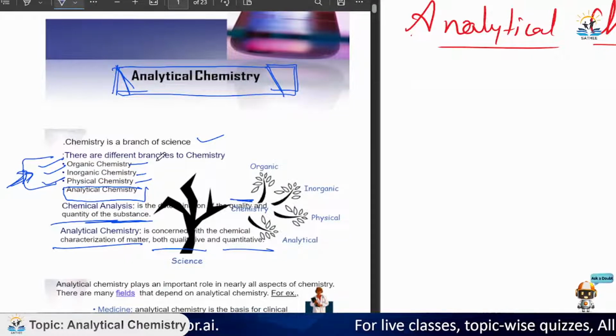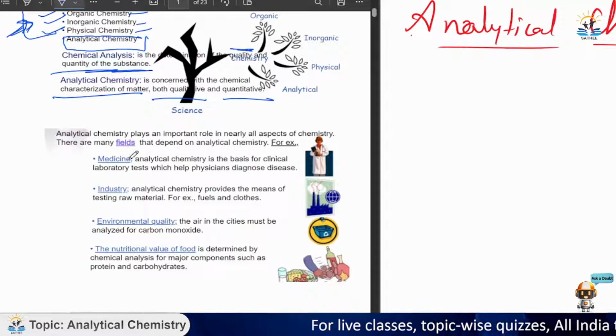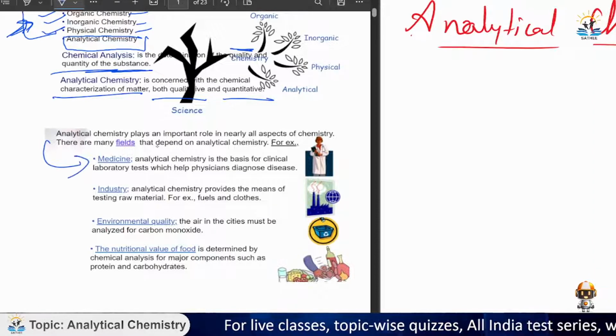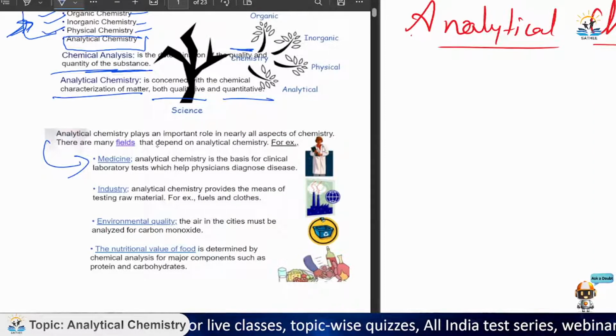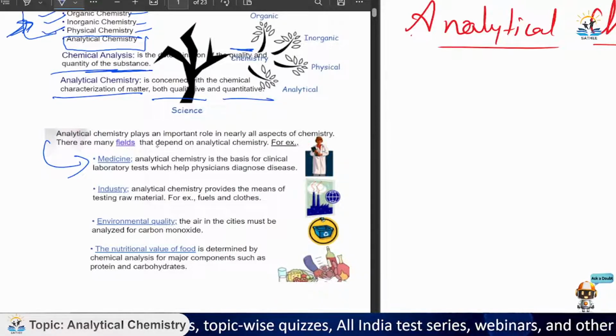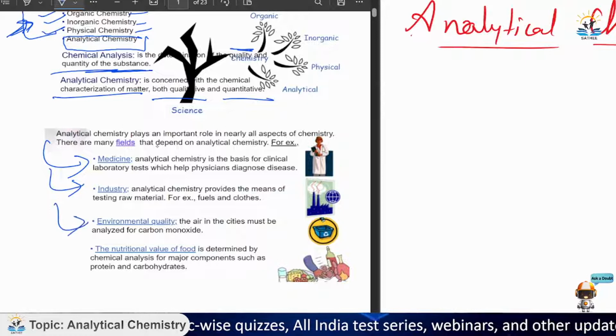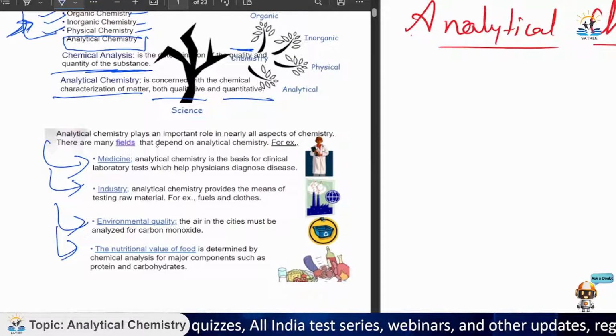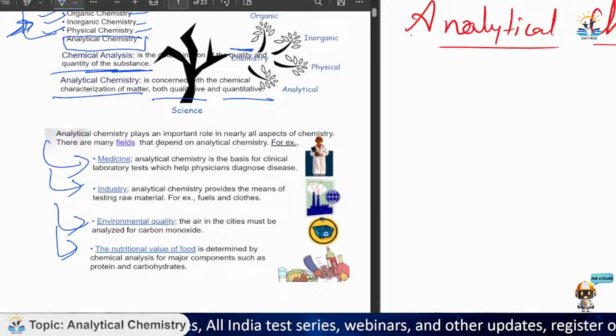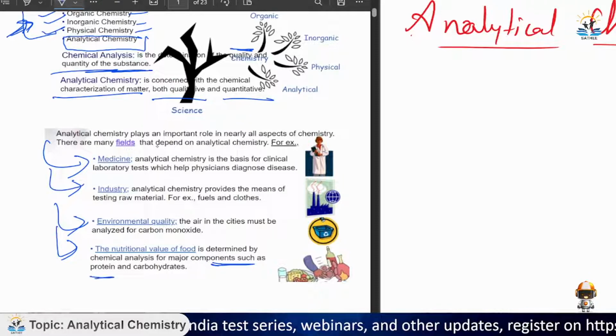Okay, this is just an intro part, I am skipping this one. It is showing some of the uses. Analytical chemistry in medicine. Yes, medicine also requires the proper dosage and the quality. Industries, environmental quality, nutrition value of food is determined by chemical analysis of major components such as protein and carbohydrate.